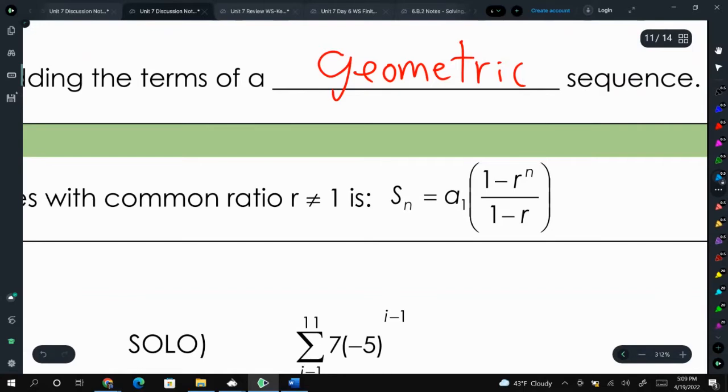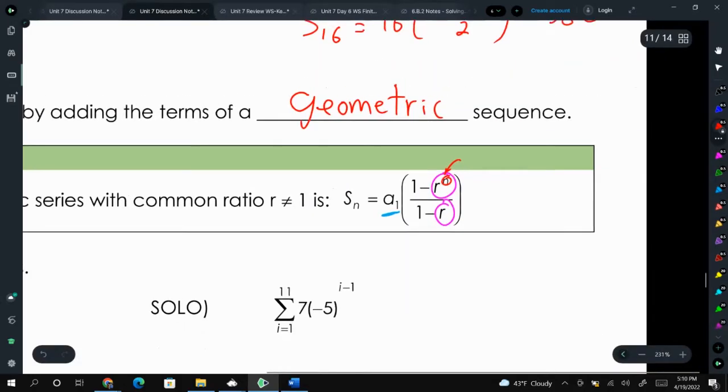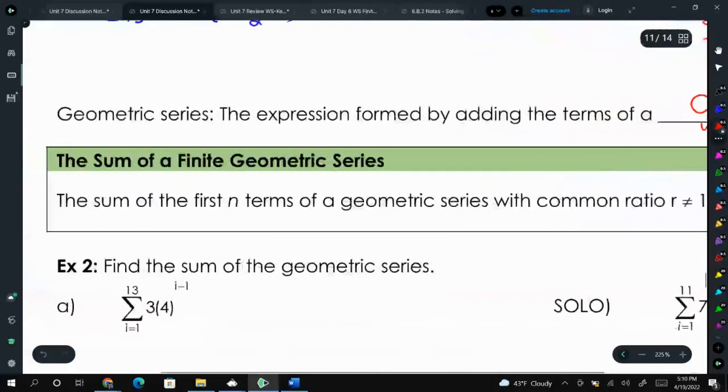What you need is your a sub 1, which you can get from the explicit formula pretty easily, and your r value, that rate, which again easily comes from the explicit formula. N is still going to be the upper limit minus the lower limit plus 1. So let's look at these down here.